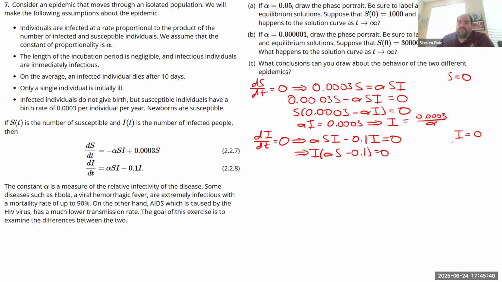That's a little more of a hopeful situation. S equals 0 is very bleak. What does the other equilibrium look like? It looks like alpha S equals 0.1, or S equals 0.1 over alpha.